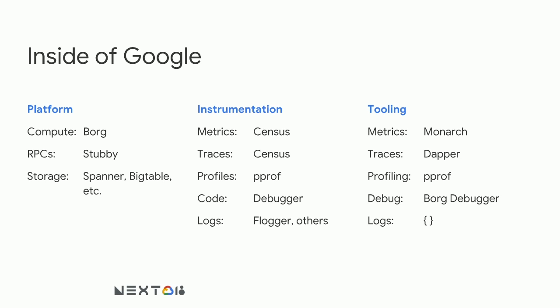For tooling and analysis of this data, we have a number of other backends. Monarch is where we capture and aggregate stats and analyze them. Dapper, which I mentioned before, is our distributed tracing system. We have pprof for profiling, and like I mentioned before, we have the Borg debugger. I'm showing you this because in a few minutes we're going to talk about the external story, and we're going to replace a lot of these with technologies that you might know and some that you might not.